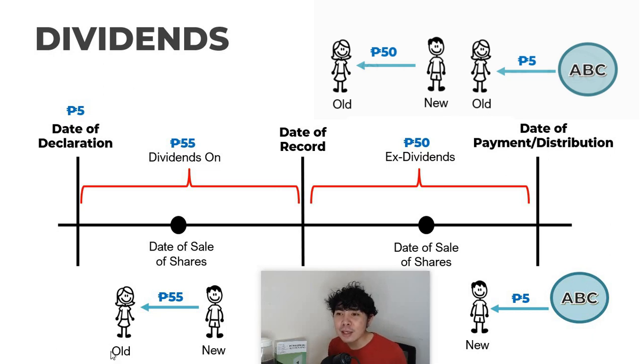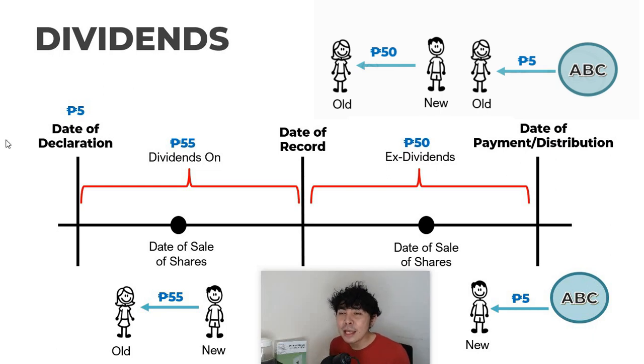So, ibig sabihin, yung old shareholder, kapag binenta niya yung shares of stocks, in between these two dates, marireceive na niya yung dividendo by including the dividend in the payment to be made by the new shareholders. Kaya ang tawag natin is dividends on kasi kasama dito yung dividendo na marireceive at date of payment. Tapos, dahil ang magiging part na ng list of shareholders as of date of record is si bagong shareholder, so yung bagong shareholder ang makaka-receive na ng dividendo at date of payment.